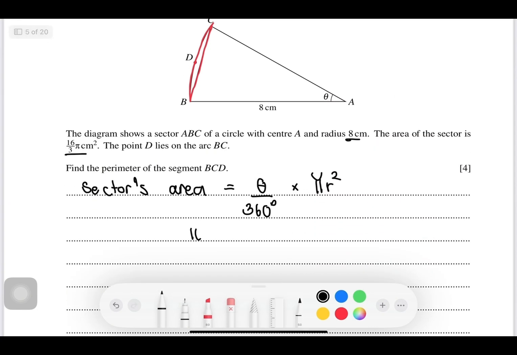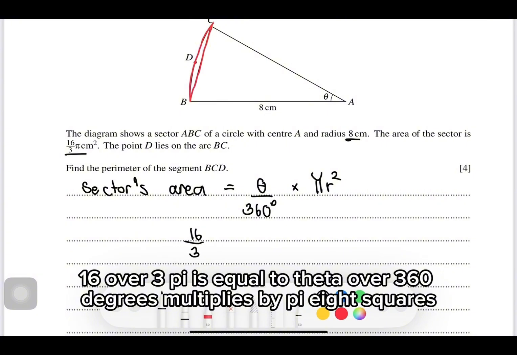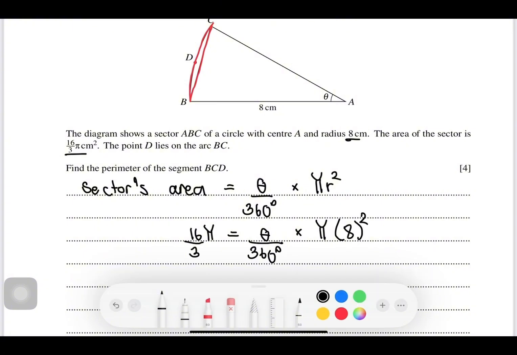And 16 over 3 pi is equal to theta over 360 degrees multiplied by pi 8 squared.